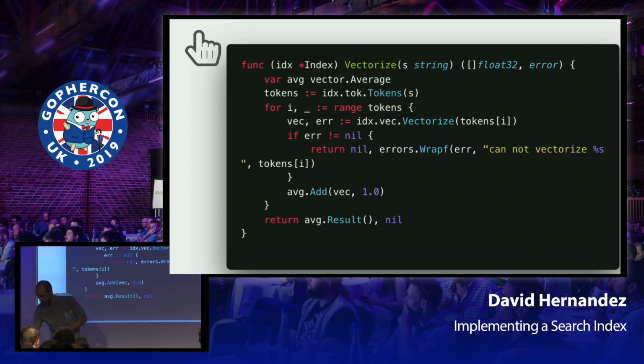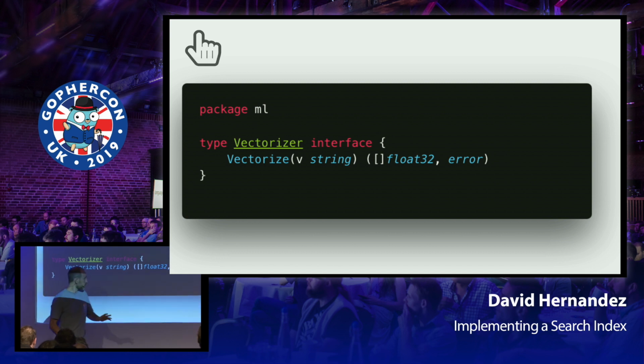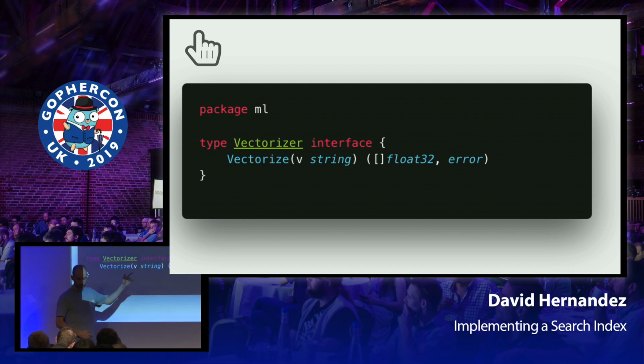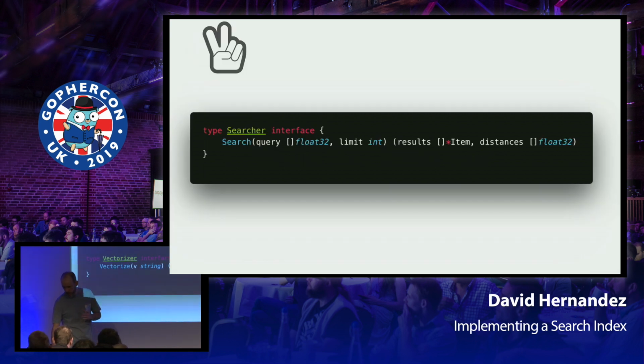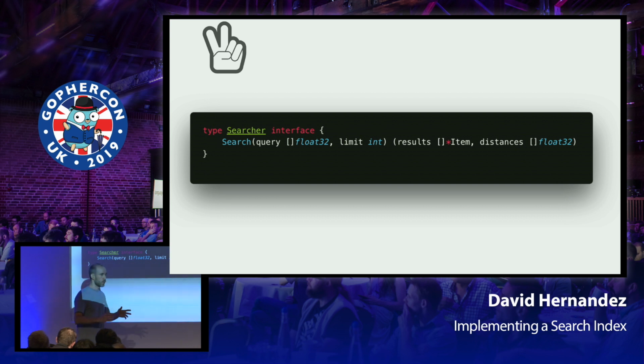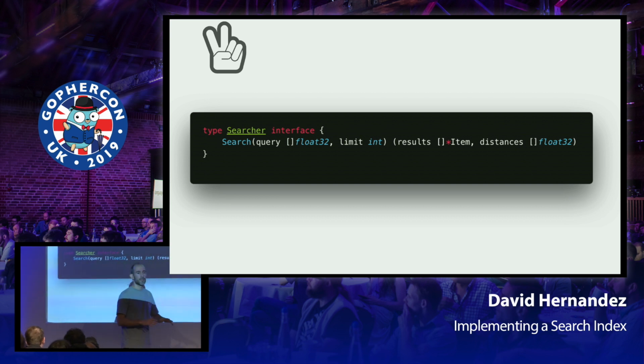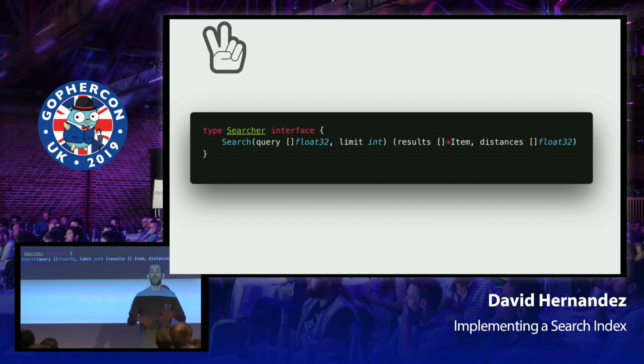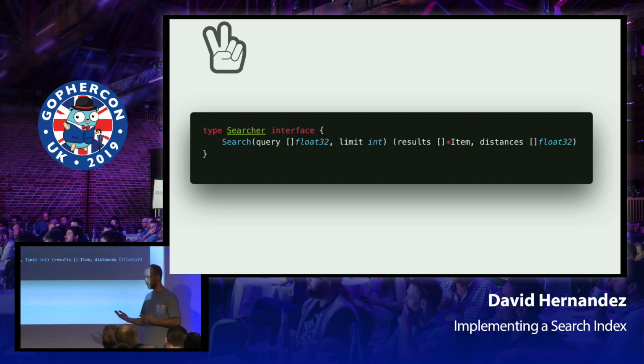Cool. We are nearly there. Just remember, in the first step, we try to transform every single text to a vector. In the second step, imagine that we have everything transformed to a vector, and we want to be able to perform search in that vector space.